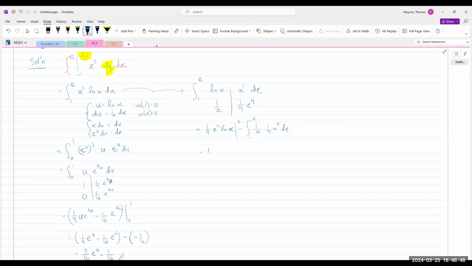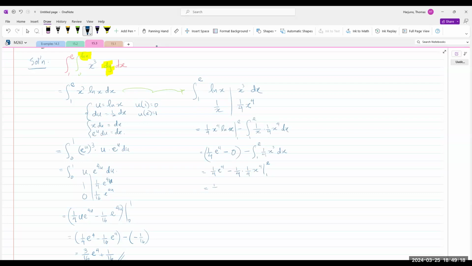So this is 1/4 e to the 4 ln e, that's 1, minus, when it's ln 1, that's 0, minus the integral from 1 to e of 1/4 x cubed dx, which is 1/4 x to the 4th from 1 to e.